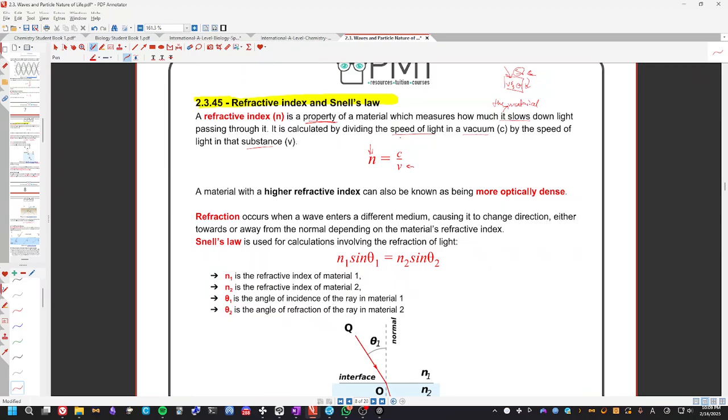But as you know, N is also calculated, if I'm not wrong, as sine I over sine R. Yeah, that's the formula. So your incident angle is going to be also the same thing as your speed of light, and your angle of refraction is going to be the same thing as your speed of the light in the substance.